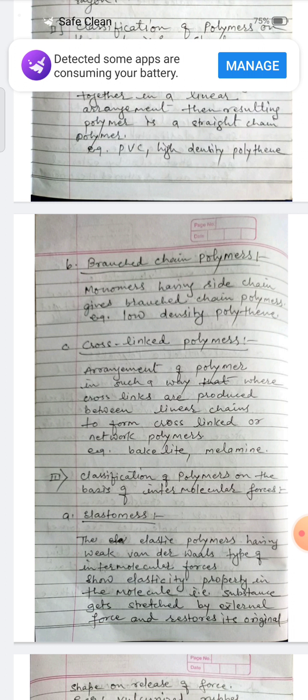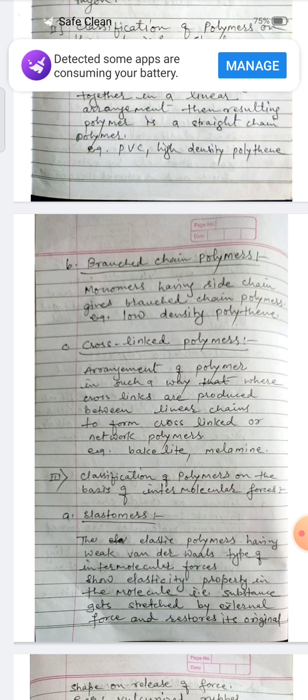And C is the cross-linked polymers. From the name itself, it is very clear. It is an arrangement of polymers in such a way that cross-links are produced between linear chains to form cross-linked or network polymers.